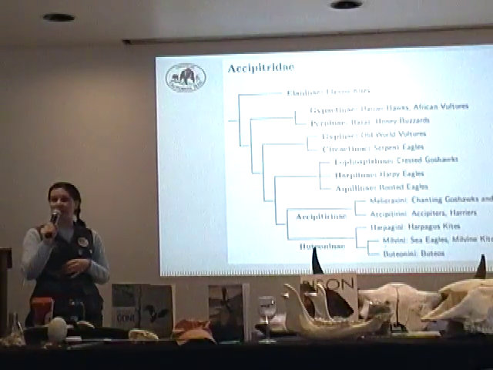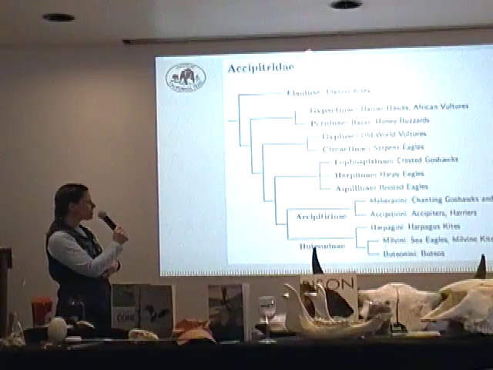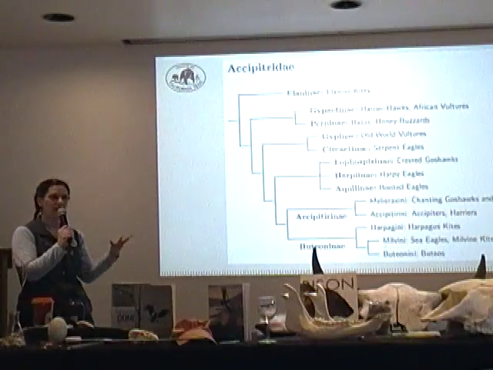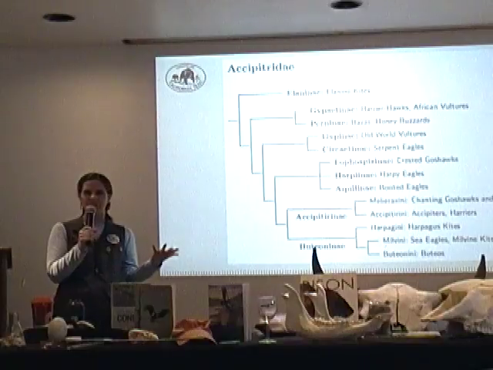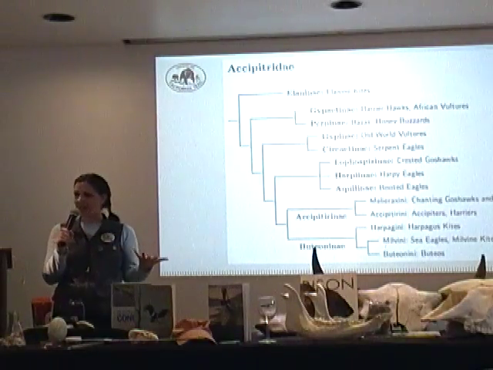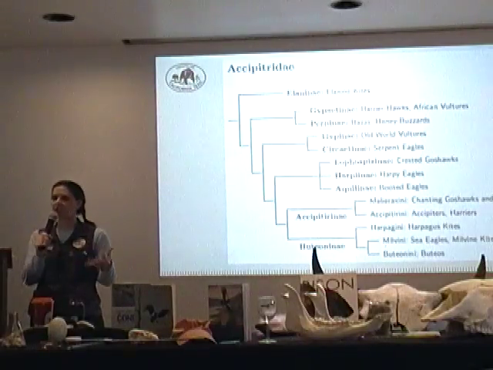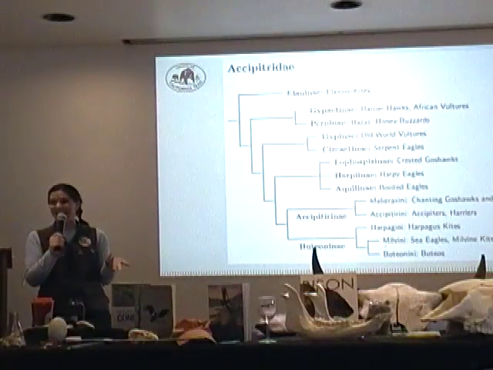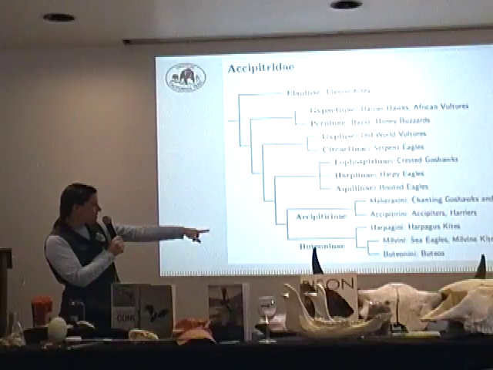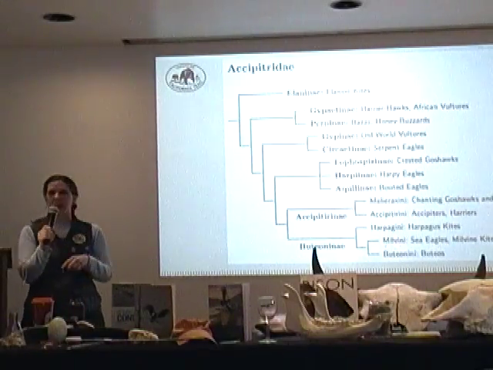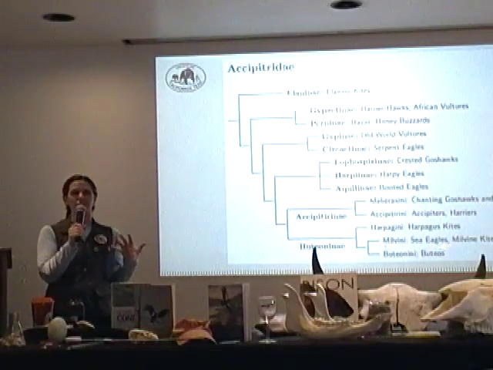Here is within the family Accipitridae. I wanted to show this because a lot of people who are not avid birders, haven't taken a lot of ornithology classes, the only 2 eagles that we have in North America are the bald eagle and the golden eagle. So people tend to assume that they're closely related. They're really not. You can see our sea eagles are down here within Haliaeetini. That's a tribe. Ornithologists in particular like to use tribes.